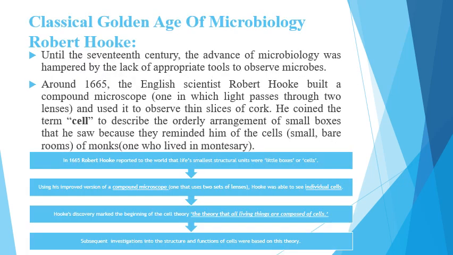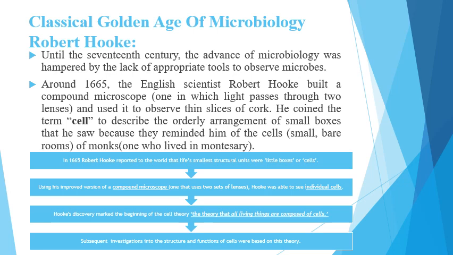So here we begin with the classical golden age of microbiology. A most prominent scientist in this age is Robert Hooke. One of the most important discoveries of biology occurred in 1665 with the help of a crude microscope, by Robert Hooke.